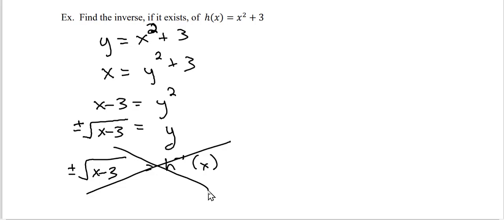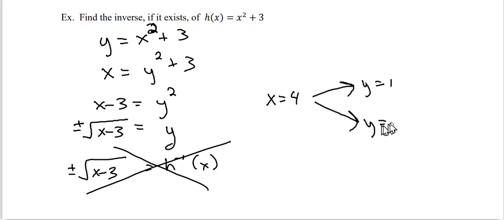For it to be a function, I would need to be able to plug in a single value, like let's say x equals 4. When I plug in x equals 4, I get plus or minus the square root of 1, which is positive or negative 1. So x equals 4 goes to y equals 1 and y equals negative 1.